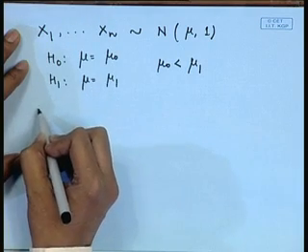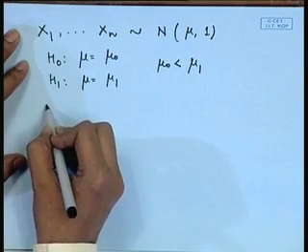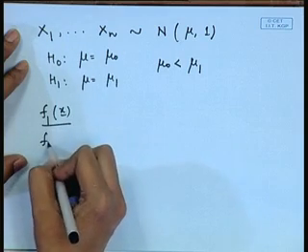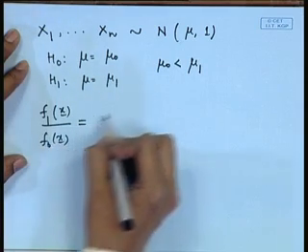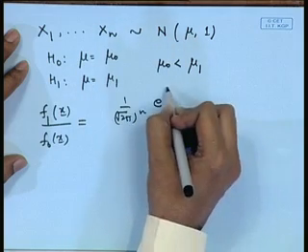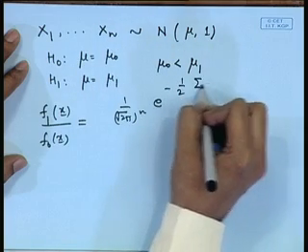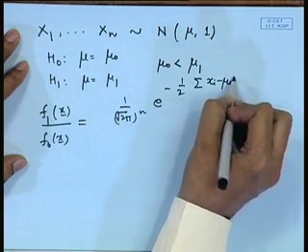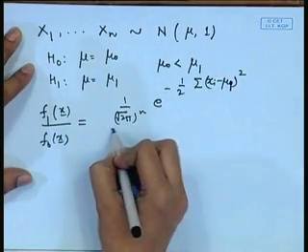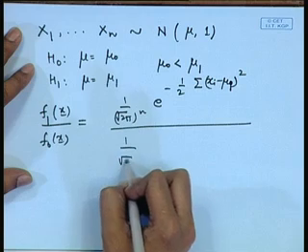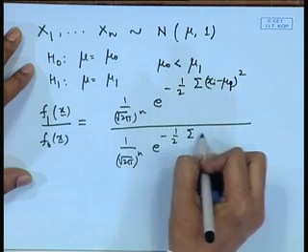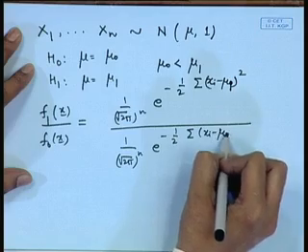Now, let us write down the density ratio, that is f1 x divided by f naught x. So, it is 1 by root 2 pi to the power n e to the power minus 1 by 2 sigma x i minus mu 1 square, divided by 1 by root 2 pi to the power n e to the power minus 1 by 2 sigma x i minus mu naught square.